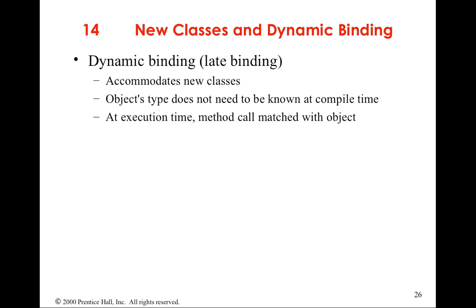That's considered polymorphic behavior, because when you run draw or area or whatever that method happens to be by the same name, depending upon the type of shape it is, whatever implementation actually occurred last on it is the one that's going to run.